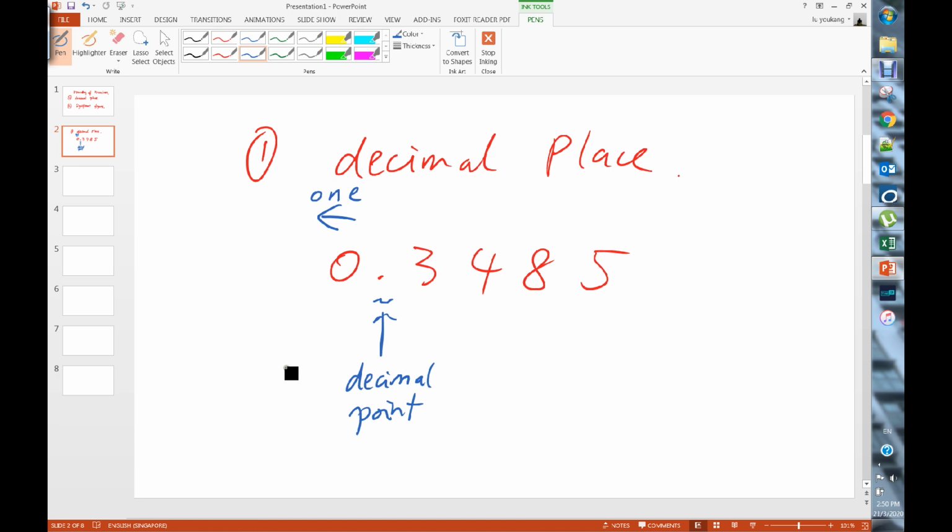Let's say I give you 10.3485 instead. First identify your decimal point, which is here. And then you start to go to the left hand side. If this is your 1, and then therefore this is your 10.